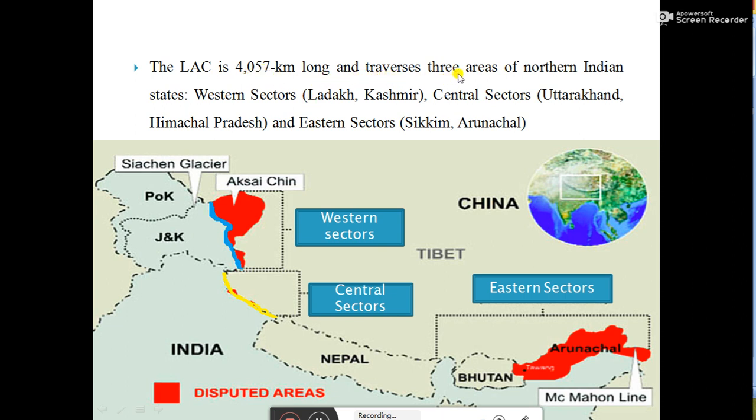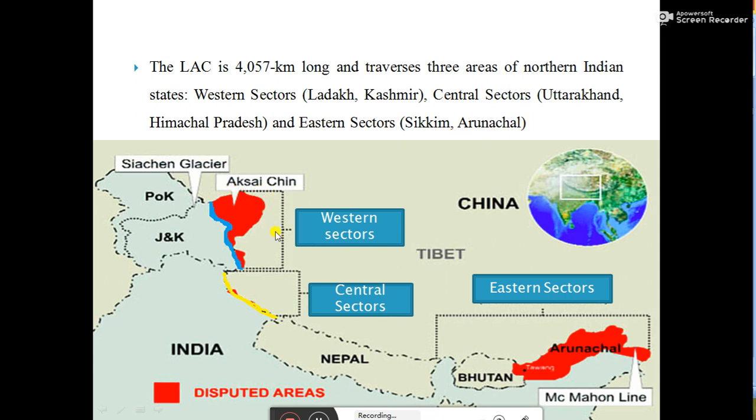It traverses three areas of northern Indian states. First is the western sector, Ladakh and Kashmir. Second is the central sector, Uttarakhand and Himachal Pradesh, and the third is the eastern sector, Sikkim and Arunachal Pradesh.